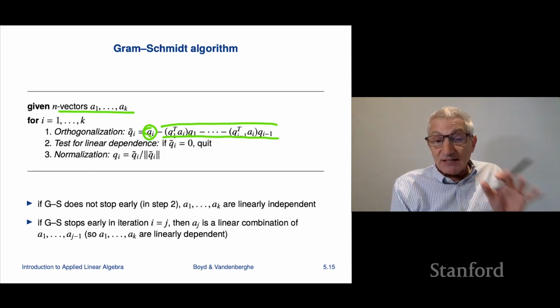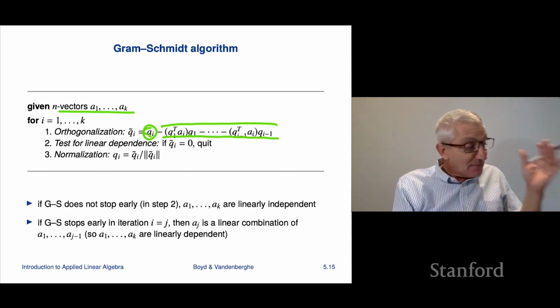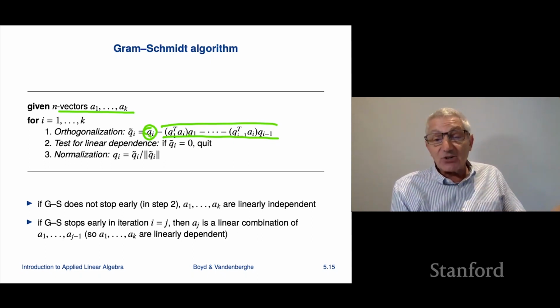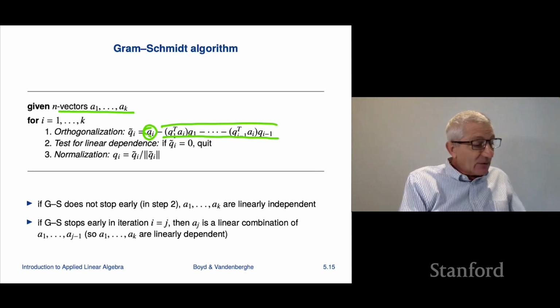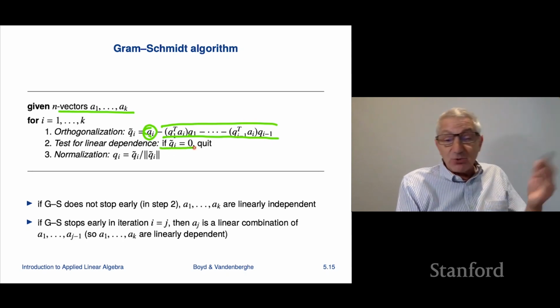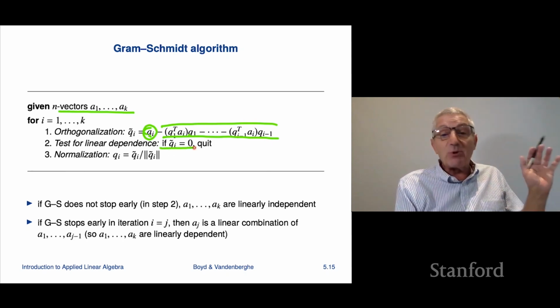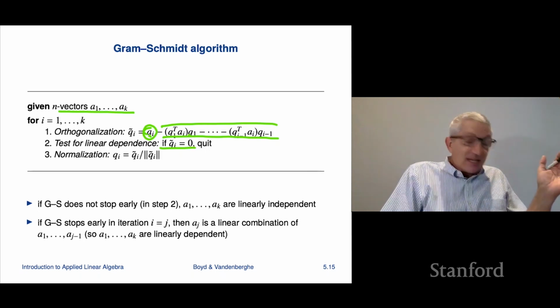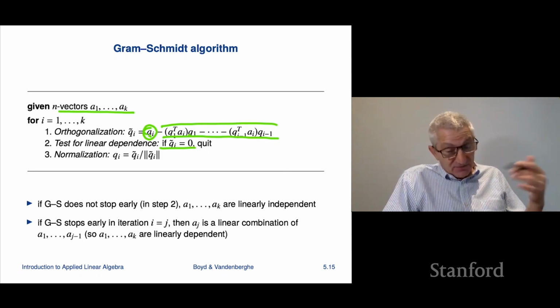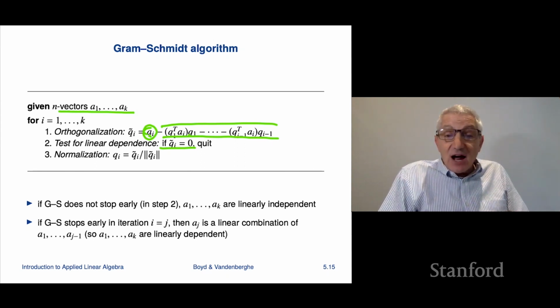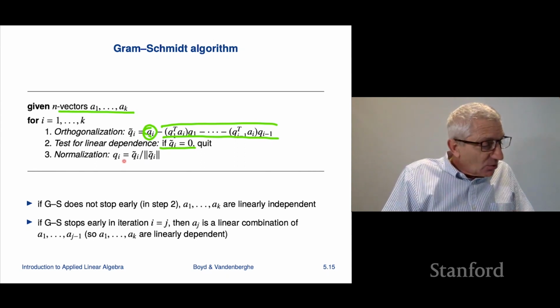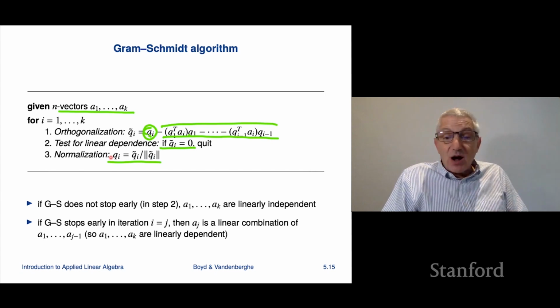So if qi tilde turns out to be 0, that means that ai is a linear combination of q1 up to q(i-1). Now what we do is we check if qi tilde is 0. If it is, we quit, because in that case, it turns out that these vectors are linearly dependent. If it's non-zero, we simply divide by the norm and normalize, and we get qi from qi tilde.